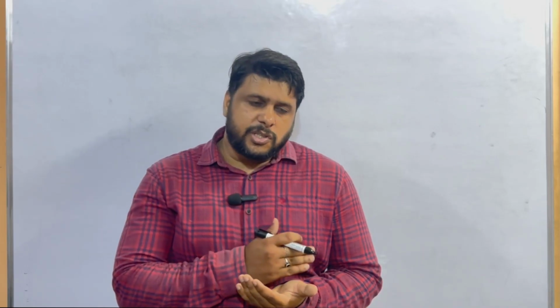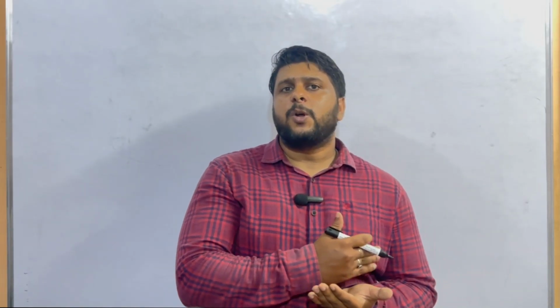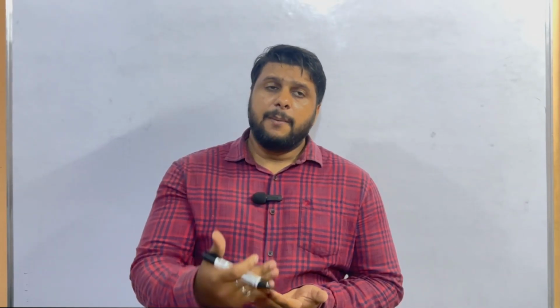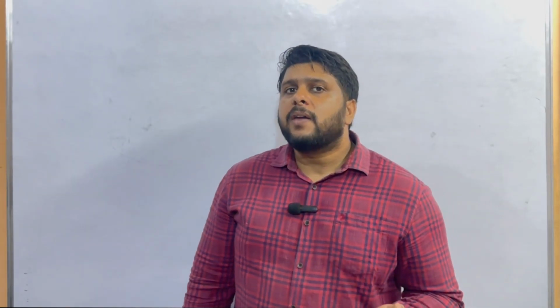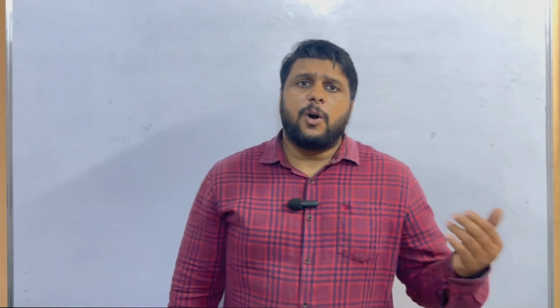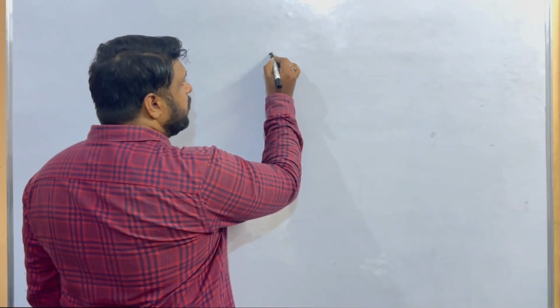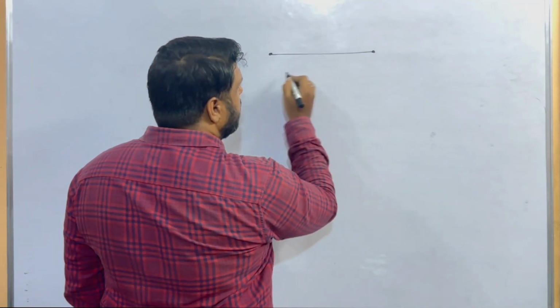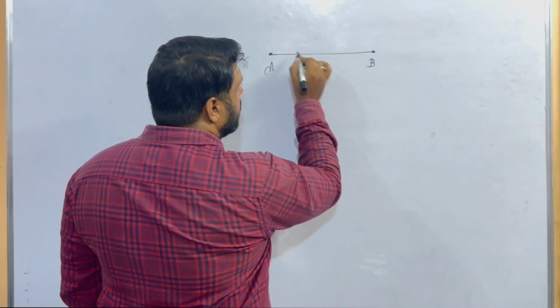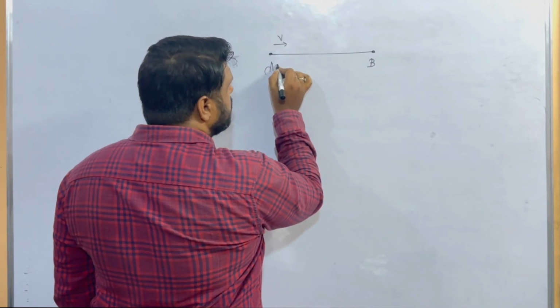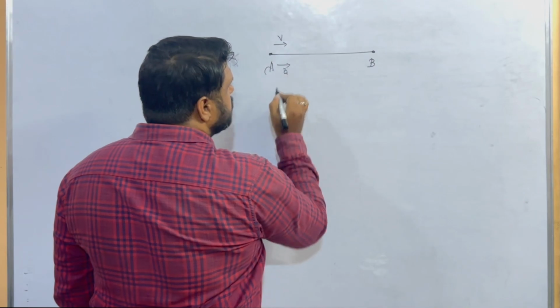Accelerating motion we call when our velocity is increasing. But while you are driving your vehicle, it is not like that. Let's say you are moving from A to B. Here your velocity was in this direction, acceleration also in this direction.